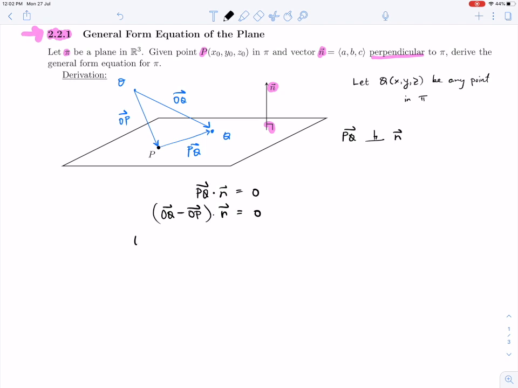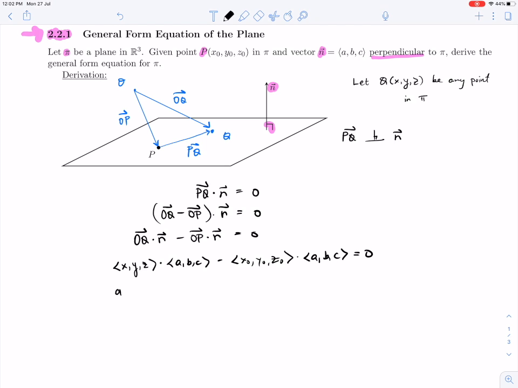Using the distributive property of the dot product, we can distribute that. So OQ dot n minus OP dot n gives us 0. OQ is the position vector of (x, y, z). n is the vector (a, b, c). Minus (x0, y0, z0), dotted with, again, (a, b, c). That has to give me 0.